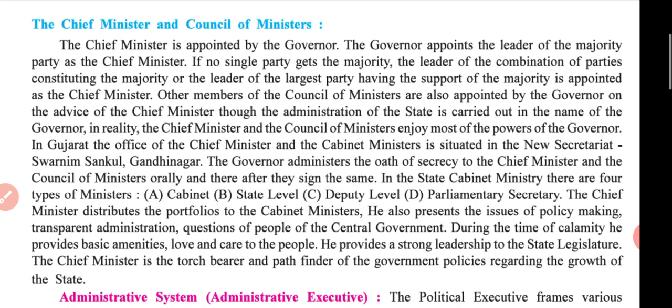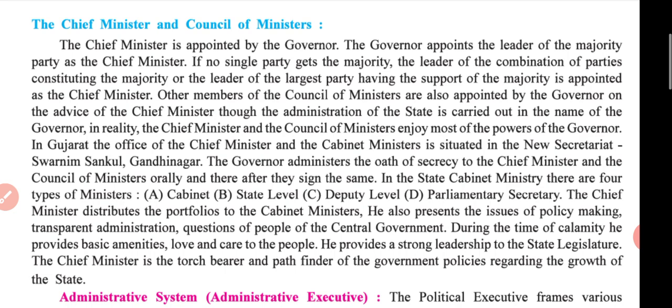See students, these are all included in the executive, which is the second organ of government. In the first organ of government, we studied the legislature, Lok Sabha and Rajya Sabha. In the second organ, the executive, we studied the president, vice president, governor, chief minister, council of ministers, and the remaining topics we studied now.